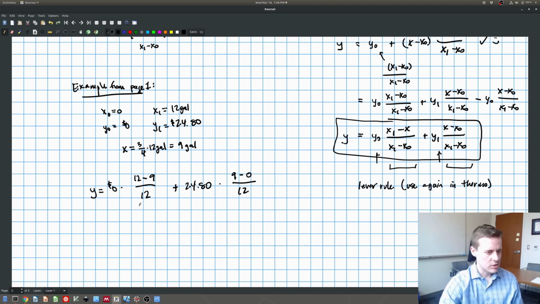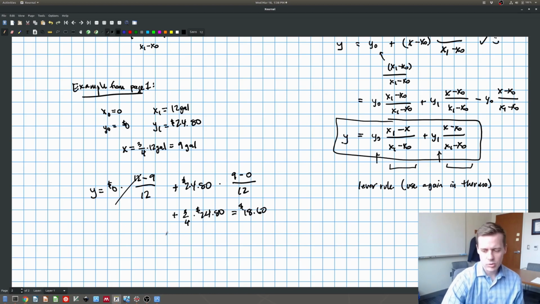All right? So this one goes away. That's 0. And this one gives me $24.80 times 3/4, which gives me the value of $18.60, which is the thing that we had before. All right? So there's a little example using this.